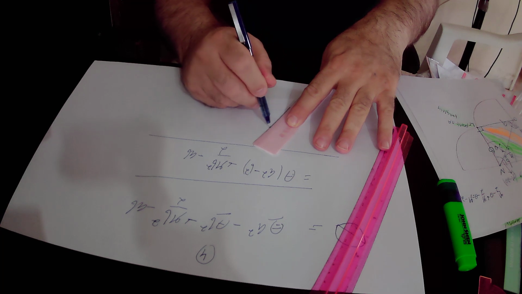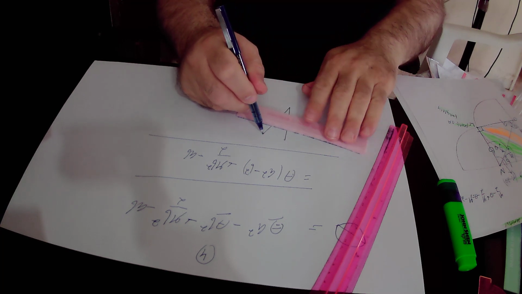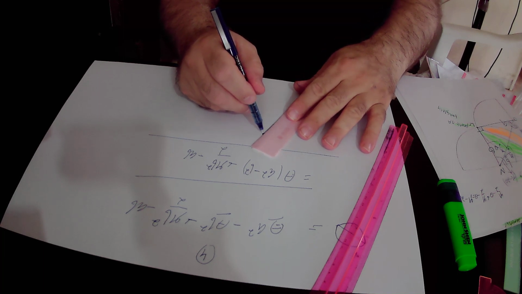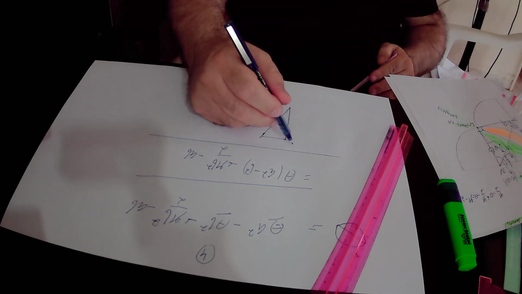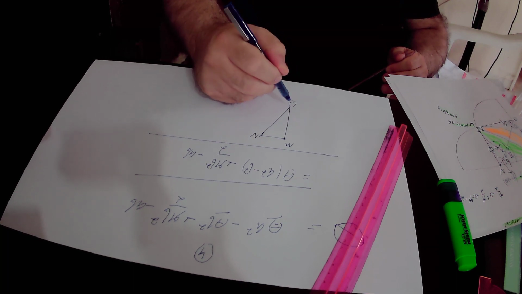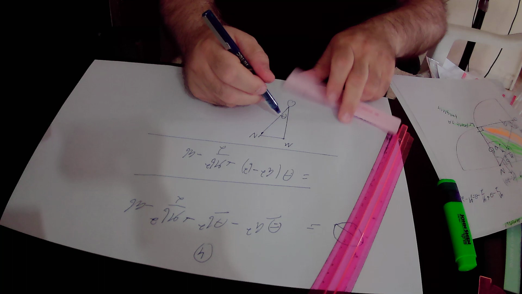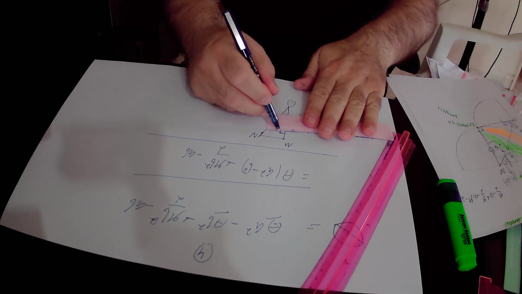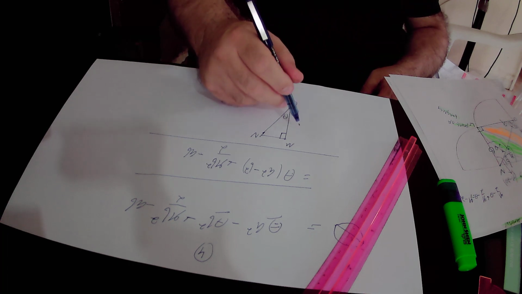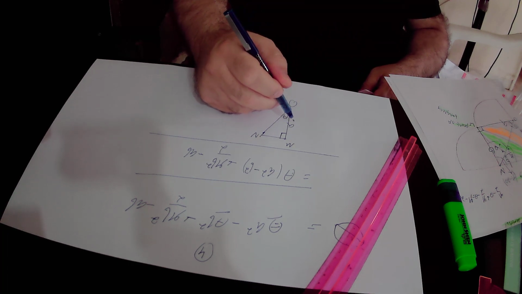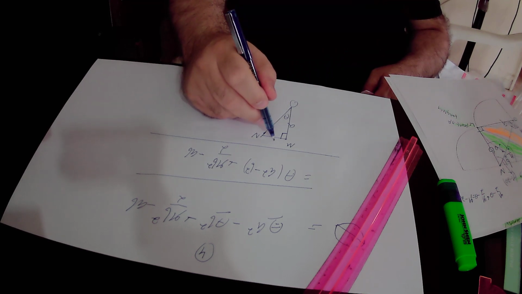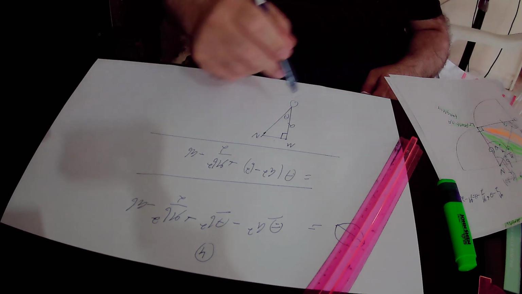So this is the right triangle MNO. This is angle theta. This angle equals 90 degrees. We also know that MO equals A, the radius of this semicircle, while MN equals B, the radius of this semicircle.